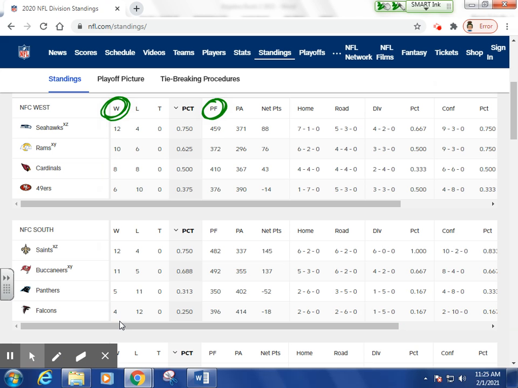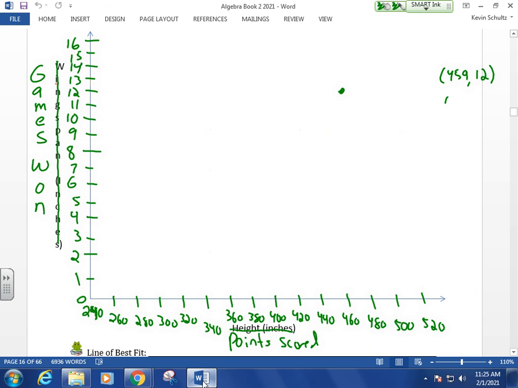Then we look at the next team, which is the Rams. The Rams scored 372 points and won 10 games. So 372, 10 is the ordered pair that we are going to plot. So 372 is about halfway between 360 and 380.